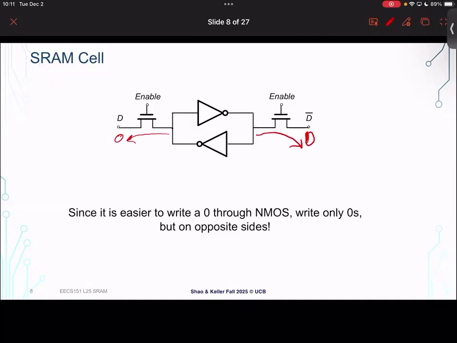So this is our classic SRAM bit cell. It's symmetric, it's differential, which means that everything has its complements in the cell. And we access it through these access transistors that are getting the enable signal in order to either pull down one side or pull down the other side in order to take advantage of the strength of the NMOS.